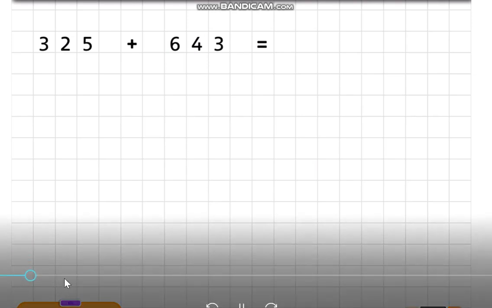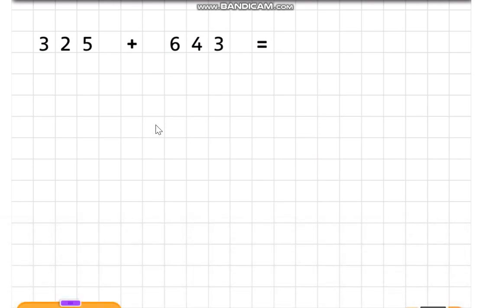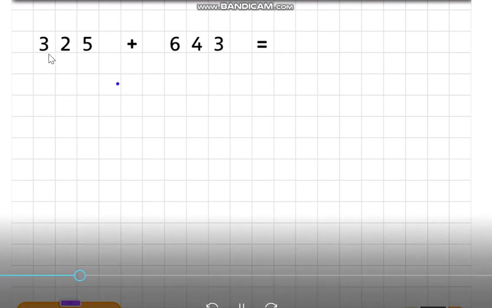Okay, let's partition this one. How do we partition this 325 and 643? So, just like what you've learned last week, we are going to put this 300, and then 20 onto this side.